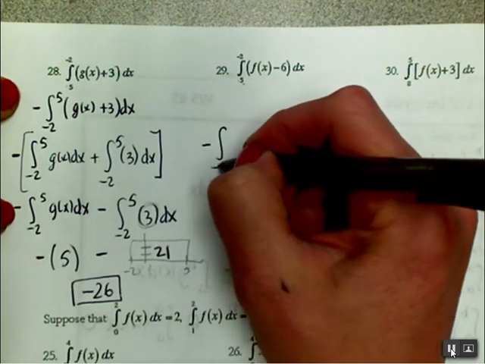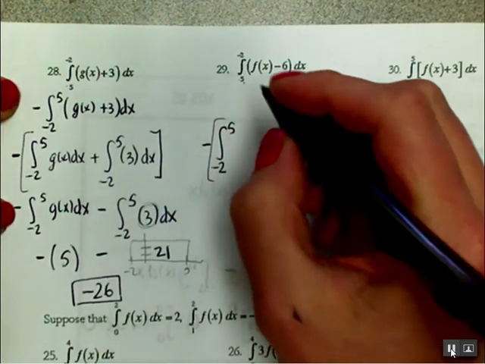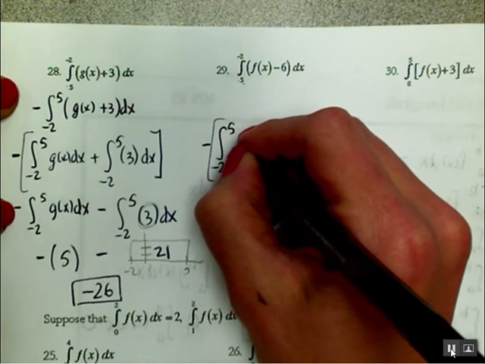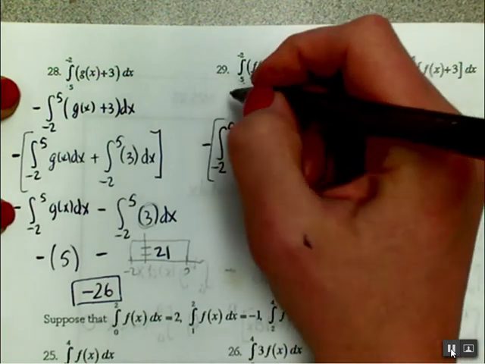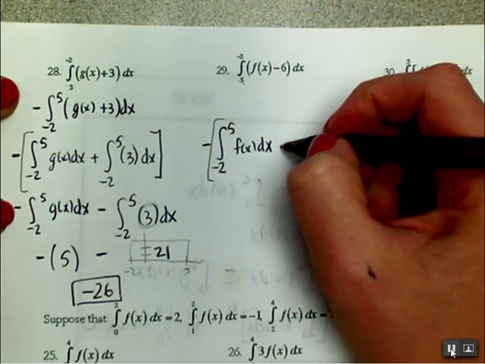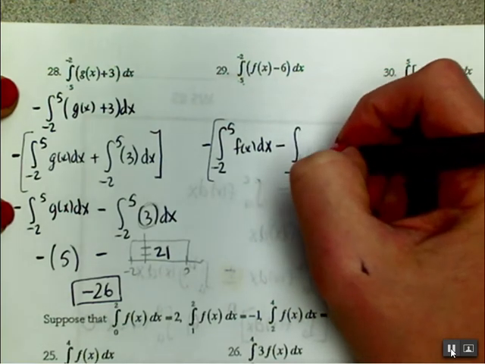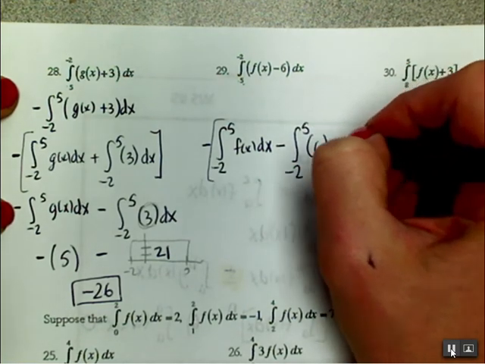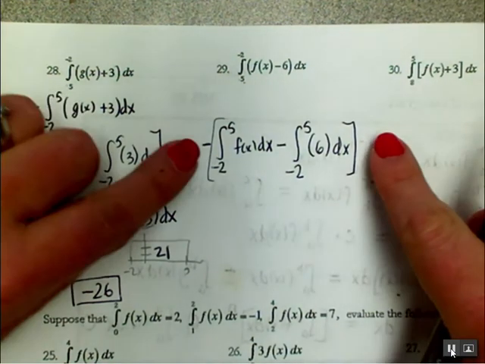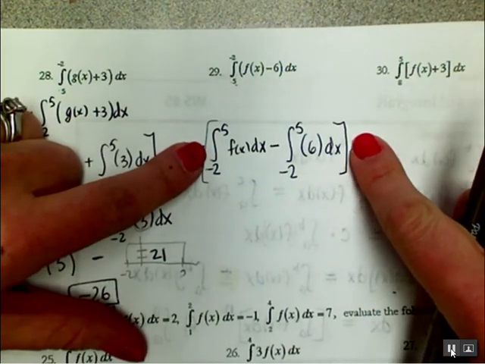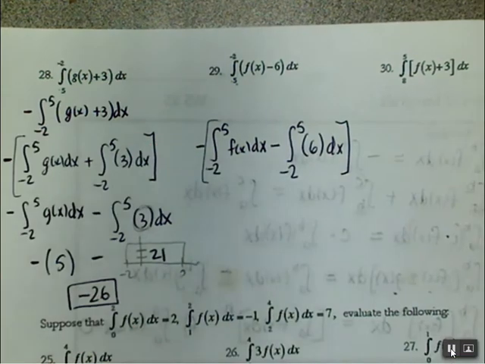Negative 2 to 5, f of x dx, minus negative 2 to 5, 6. This is the part, right, separated. The order changed with the negative in front.